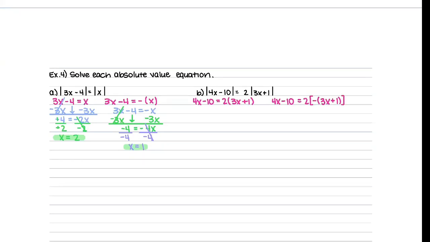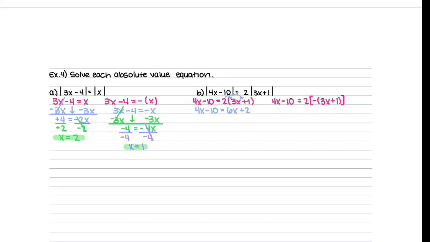So again, I'm only distributing that negative into what was inside the absolute value bars on the right side of that equal sign. So I'm going to first work with the equation on the left. First thing I do is distribute the 2 into the set of parentheses. So I'm going to have 4x minus 10 is equal to 6x plus 2.